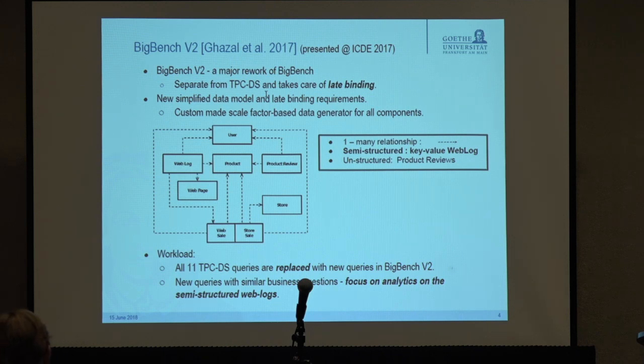So then last year we presented a paper where we tried to address some of the limitations. We tried to get away from the TPC-DS schema, and basically we simplified from more than 20 tables to around 5. And then we also introduced the late binding concept, which basically means we execute queries directly, querying the semi-structured data. In the original BigBench, the semi-structured data was still presented in a tabular form.